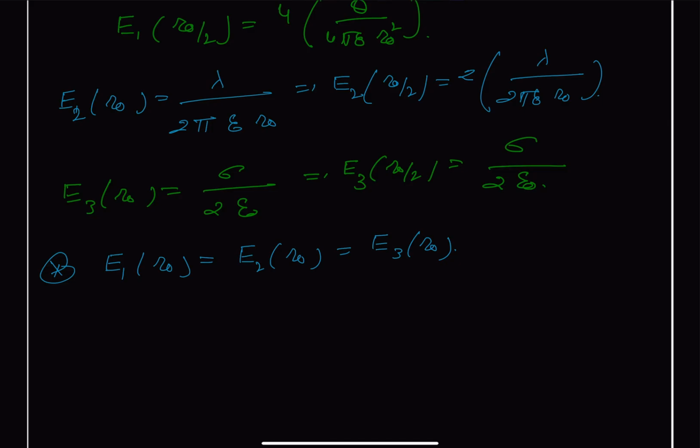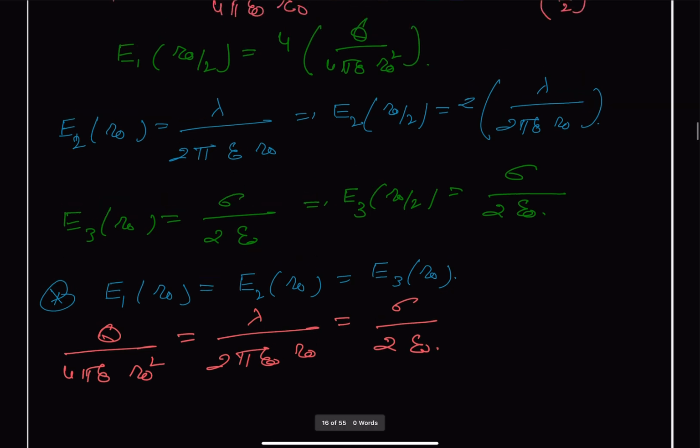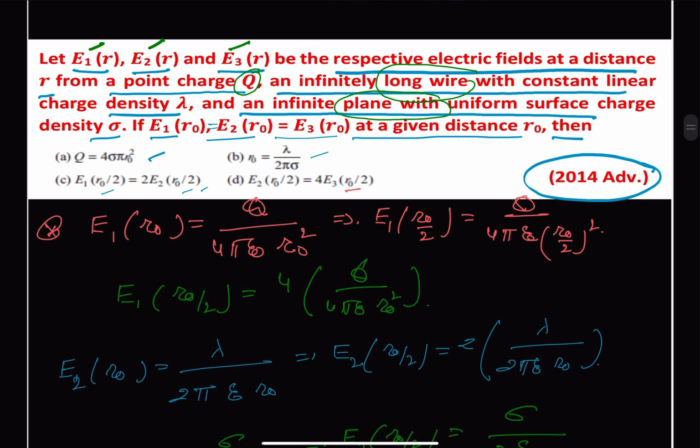So we substitute their values: Q upon 4 pi epsilon naught R0 square is equal to lambda upon 2 pi epsilon naught R0 is equal to sigma upon 2 epsilon naught. And from here we can find out our charge, and the charge is given in the form of sigma.